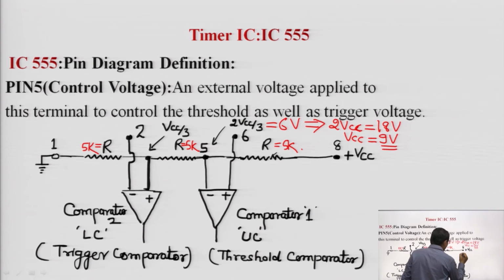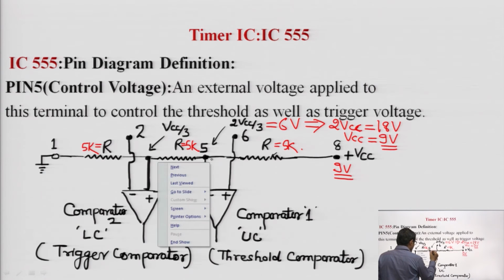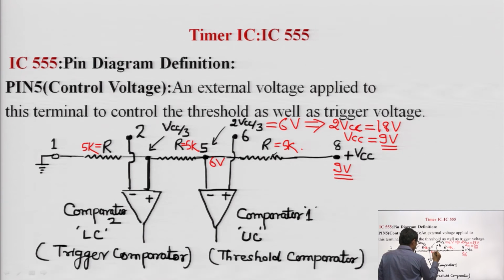We give pin number 8 as 9 volt and change here the threshold value for comparator 1. This will be the 6 volt. Also the trigger is changed, and this will be the 3 volt.